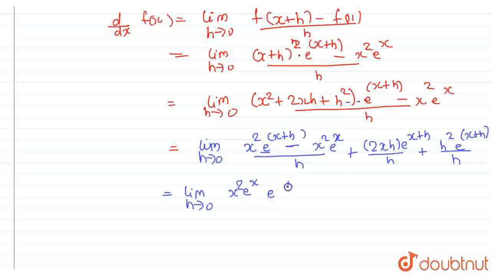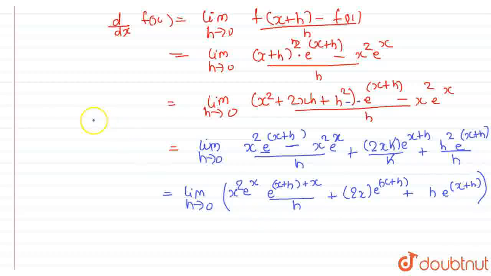So here we add plus and minus, here we subtract and add my x, okay, upon h, clear up to now, plus this function would be h would be cancelled out, and this function would be twice x e to the power x plus h, okay, plus this function would be h cancelled out, and this one is h e to the power x plus h. Okay students, this is our function.